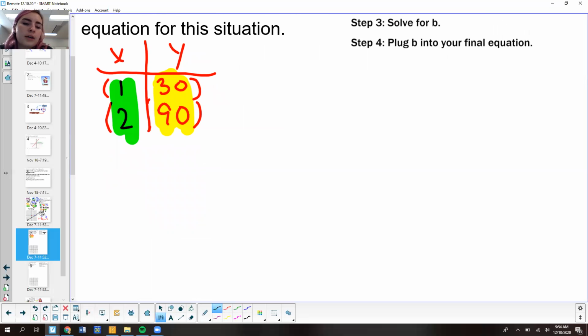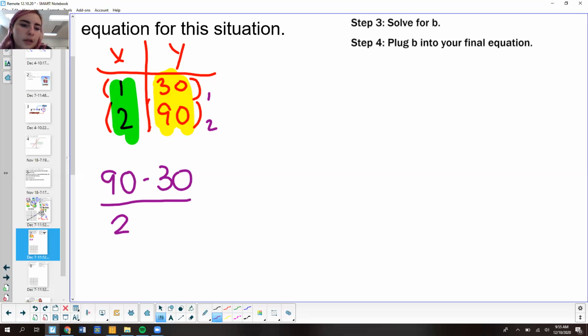So change in y. You know how we've talked about making 0.2 versus 0.1. I'll make the second one 0.2. So I'm going to take 90 minus 30. And I'm just finding the difference between our y values divided by the difference in our x values. All right, so 90 minus 30.